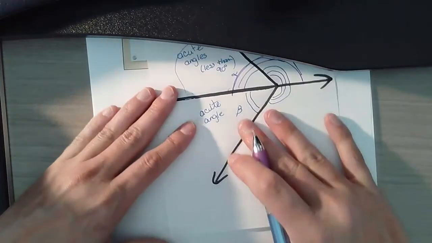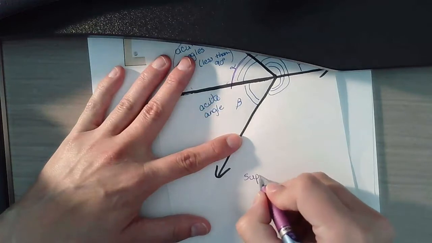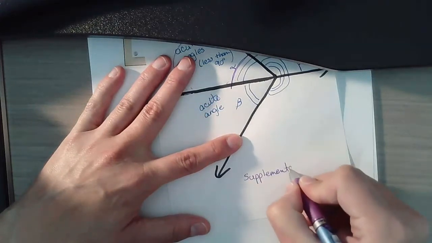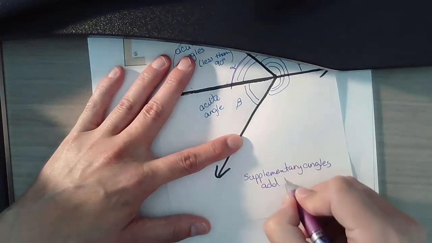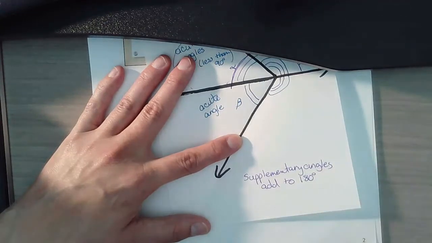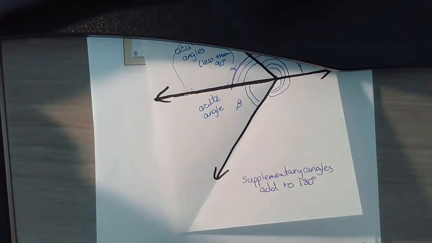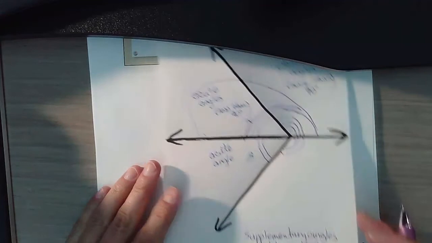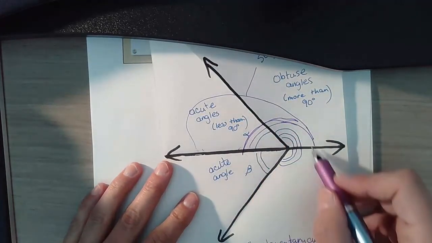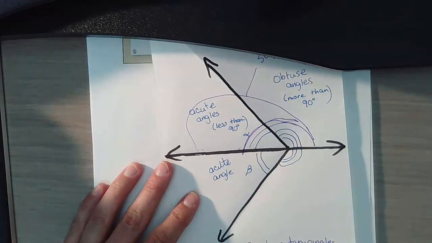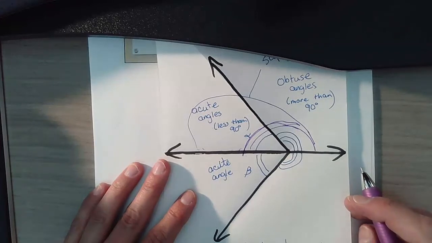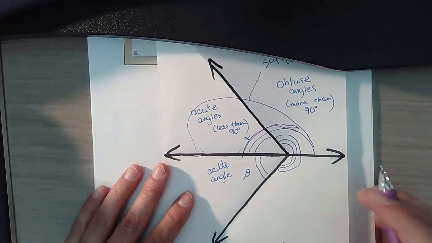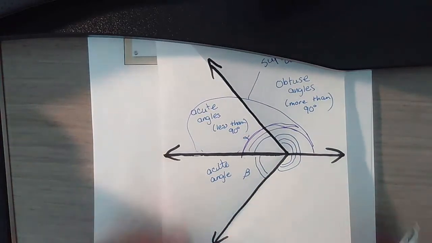So I'm going to write that down here. So they add to 180 degrees. So these two angles here would be supplementary as well. So any angles that add to 180 are supplementary. They supplement each other to get that straight angle is what is going to happen.